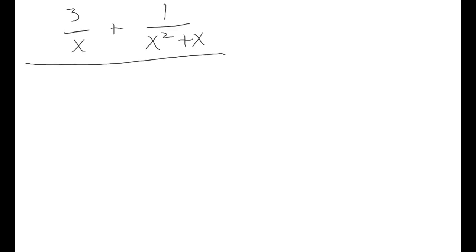This one is going to be a little more complicated. So if I have 3 over x plus 1 over x squared plus x, all over 1 over x plus 1 minus 1 over x minus 1.